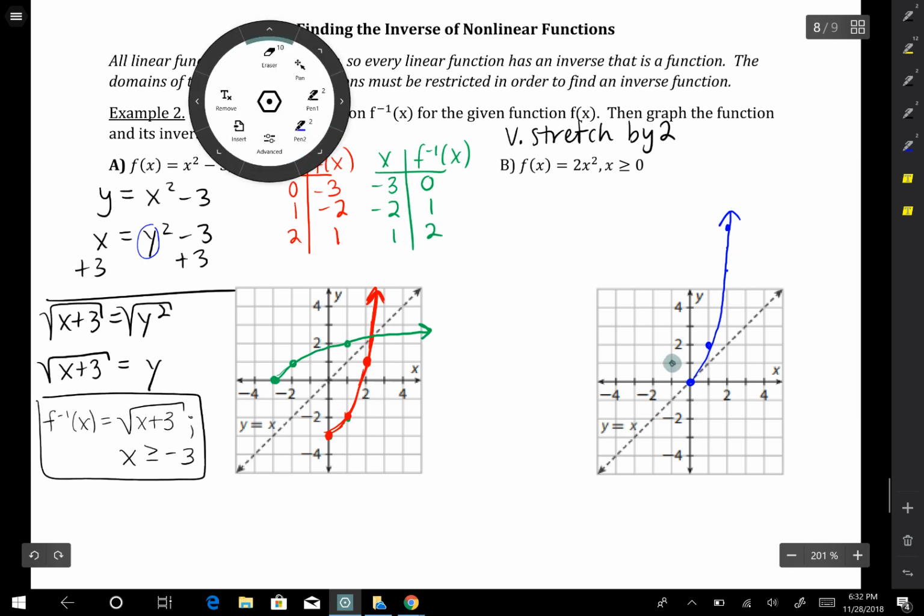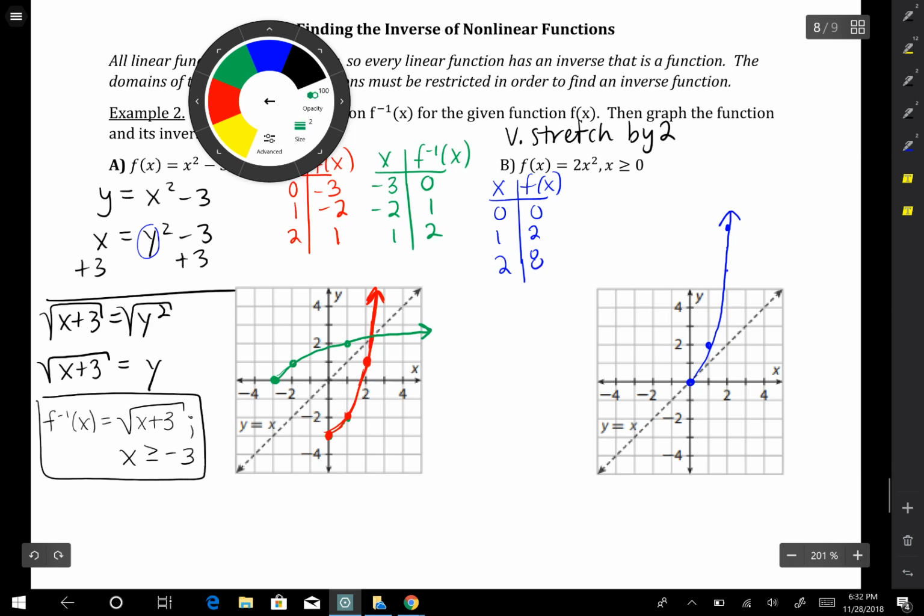Great. Now remember, to find the inverse, I'm going to take those points and I'm going to reverse the ordered pairs. So I'm going to make a table of values. I had 0, 0, 1, 2, and then 2, 8.